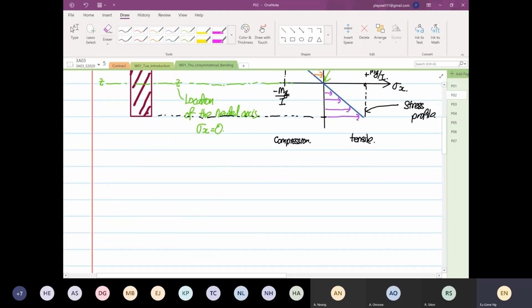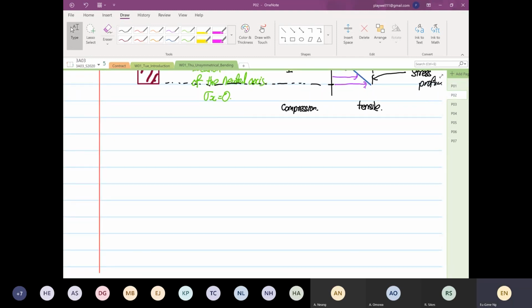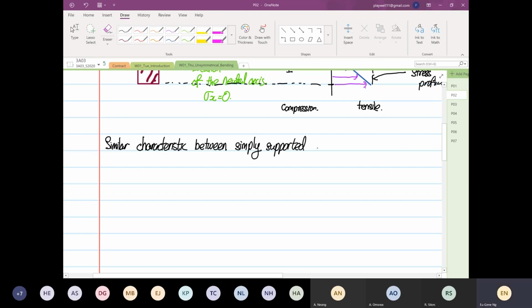So I'm going to write down here: we're going to address the similar characteristic, not the difference, between simply supported and cantilever beam.